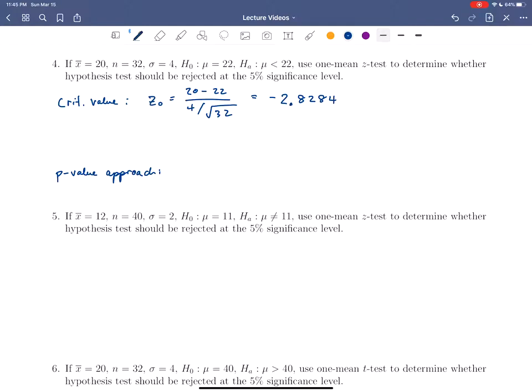So this is our critical value. If we have a 5% significance level, we're going to look at our standard normal distribution. We have to think about what's our cutoff. So this is going to be negative z sub 0.05, and that z sub 0.05 value is going to be found on our t-distribution chart.